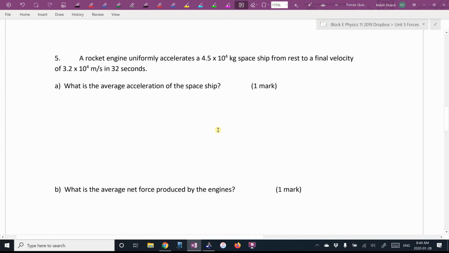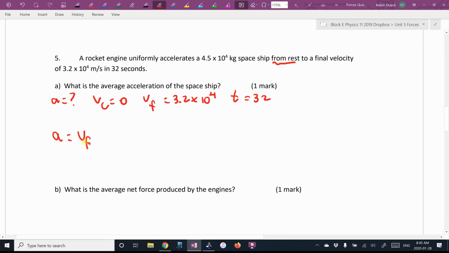Number 5. They want the average acceleration. I looked at the data they gave me and I said, I don't think I'm finding acceleration from force. I see VI is 0. I see VF is 3.2 times 10 to the 4th. And I see a time of 32 seconds. I think I'm going to use VF equals VI plus AT, but I'm going to get the A by itself.